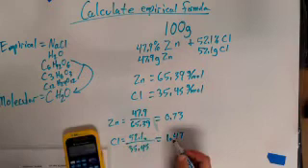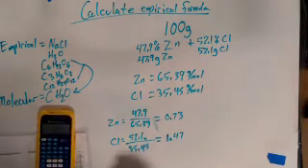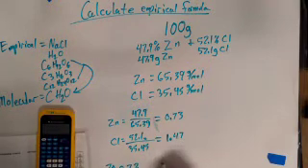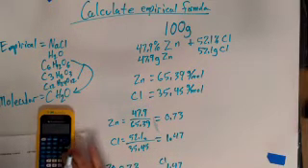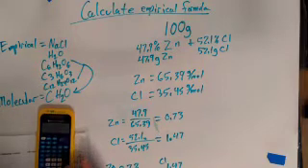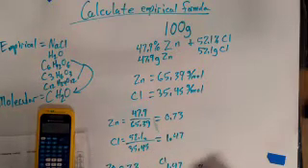All right. So now we're going to take the smaller of the two numbers, and we're going to say 0.73 divided by 0.73. This is for zinc. And for chlorine, 1.47 divided by 0.73. This is, of course, 1 mole. 1.47 divided by 0.73 is 2.01.